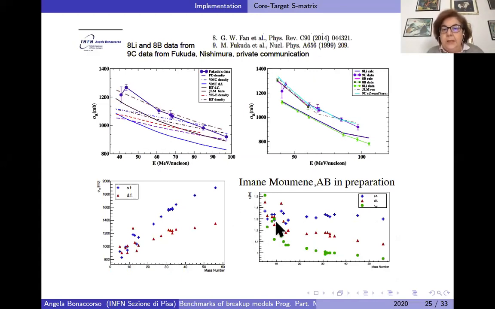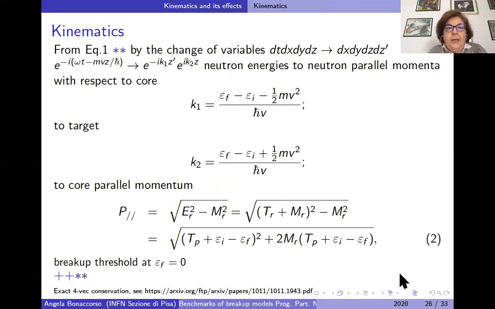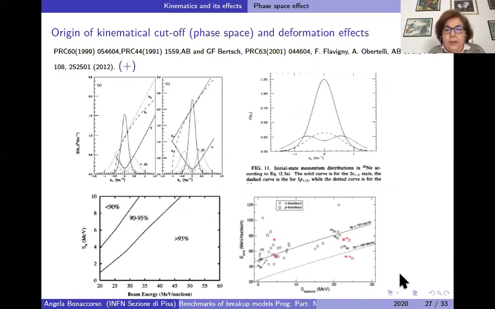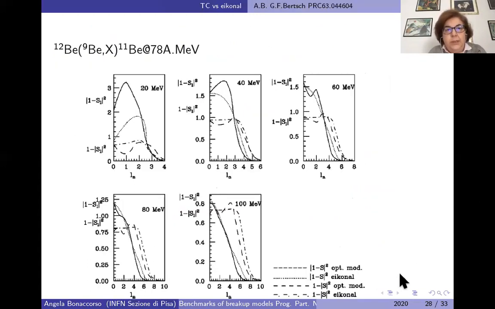And at the beginning, if you remember, I told you we were using 1.4. And instead with the double folding, one gets something which is not so stable with respect to the change of mass. Then I have here some kinematics, but maybe I will not talk about this unless people ask me. And this is very complicated.